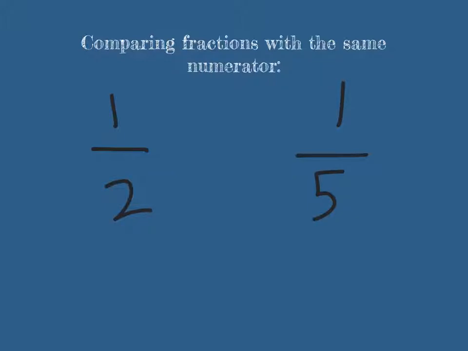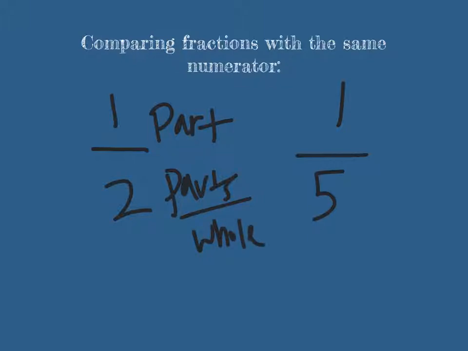And we're back. The first part of comparing fractions is to relate the fraction back to the meaning of a fraction. This 1/2 really means 1 part of 2 parts per whole, and that line just means per. And this 1/5 is 1 part of 5 parts per whole.